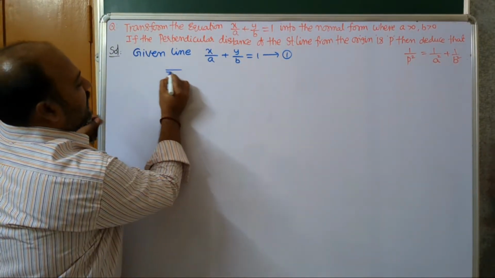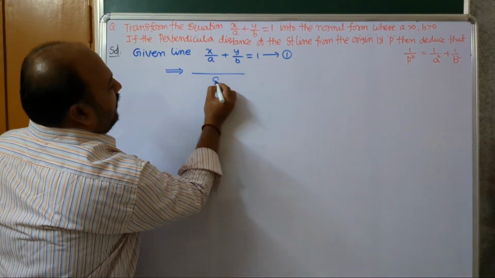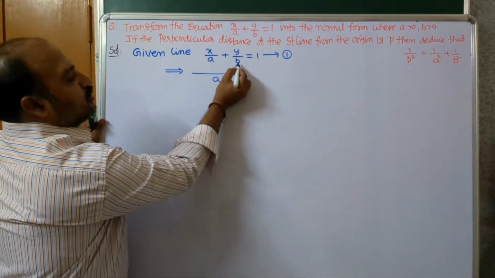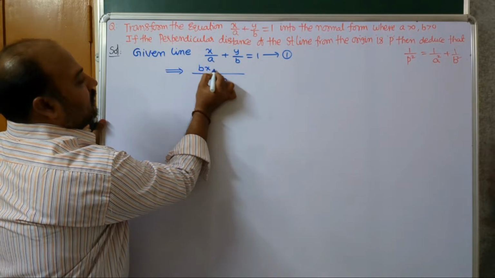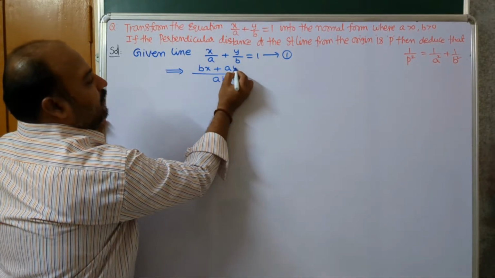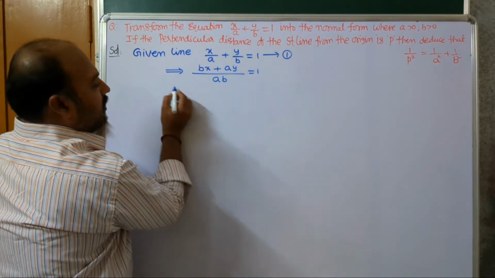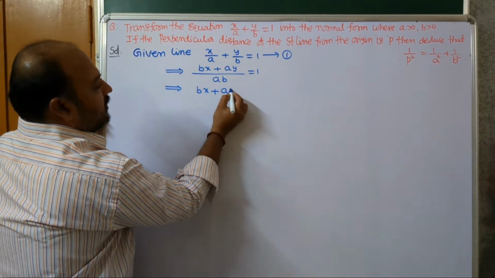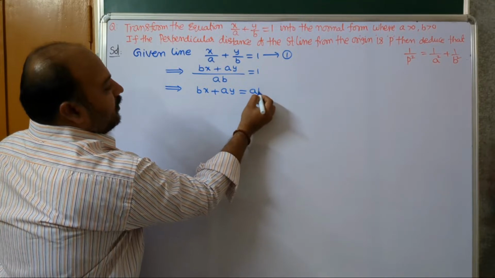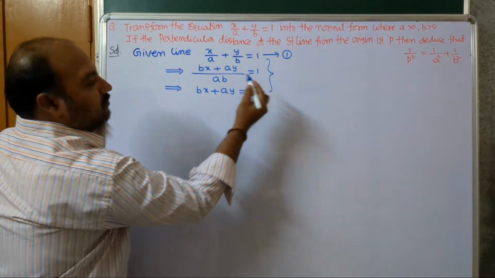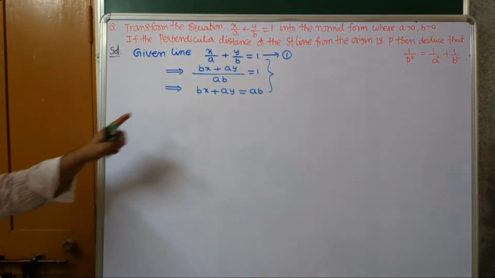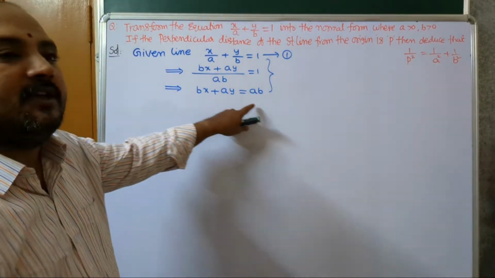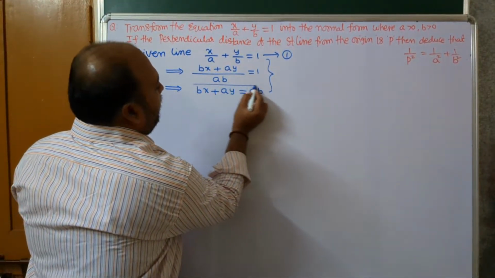So by taking LCM and simplifying, bx plus ay is equal to ab.